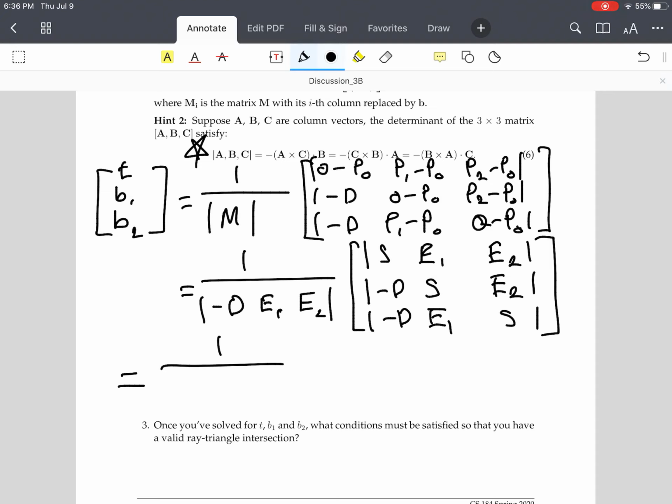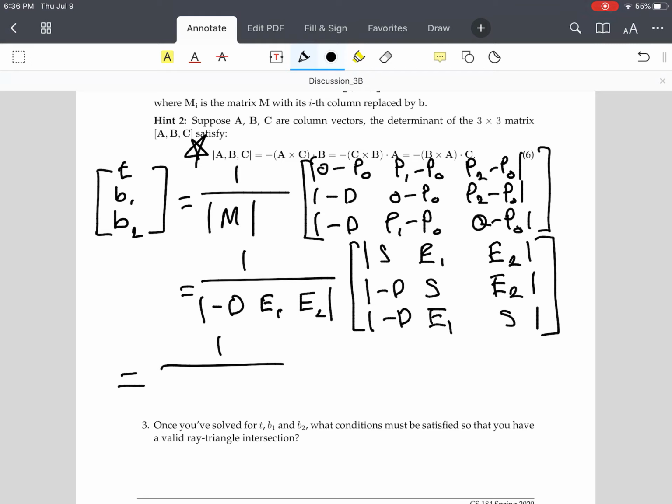That's okay. It's not a super big deal if you don't understand exactly how this is happening, since we're mostly just taking advantage of these hints, doing some mathematical manipulation. The more important point is to understand what we're trying to do, which is ray triangle intersection, and why that's important.